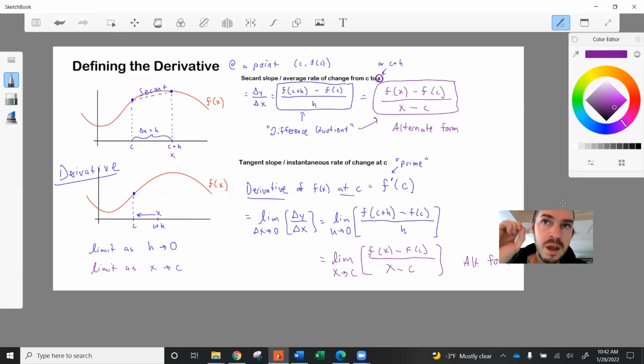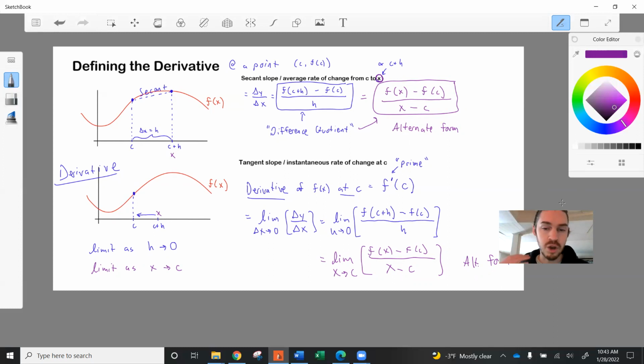The reason is because when we want to generalize this idea of derivative at a point to the derivative at a variable point, and therefore view the derivative as a function of x, we don't want to have another x floating around in our definition. So we're going to use x in place of c, and we can't have x and then x again and have them mean different things.